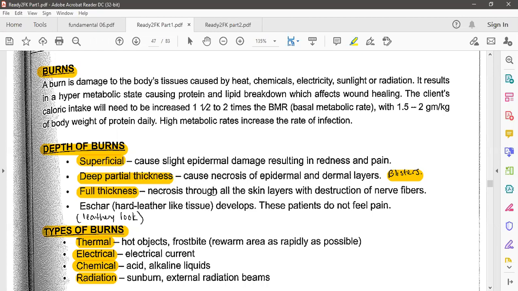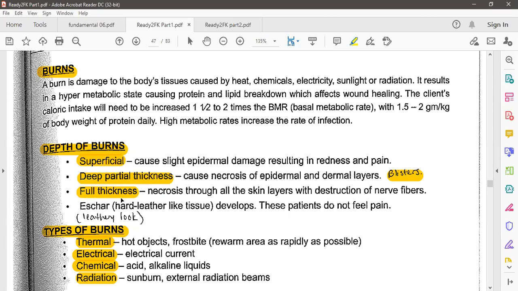The damage occurs to the epidermis and some part of the dermis. This is what defines the deep partial thickness burn, in contrast with the superficial or superficial partial thickness burn. Blisters form, and it is also painful, as with superficial burns.